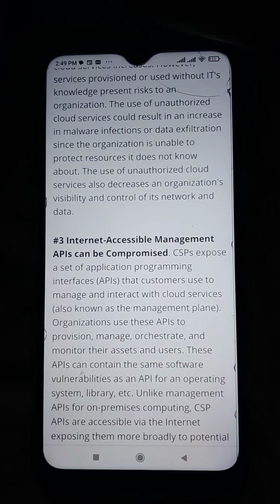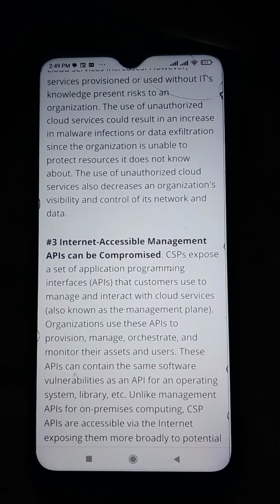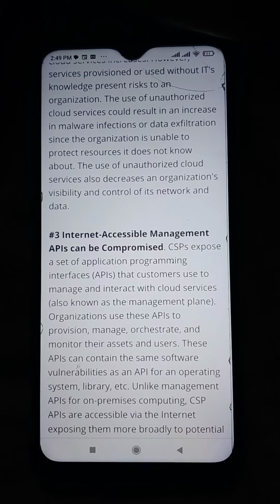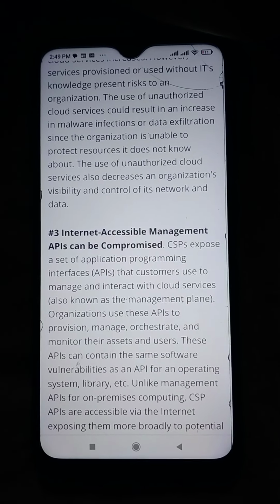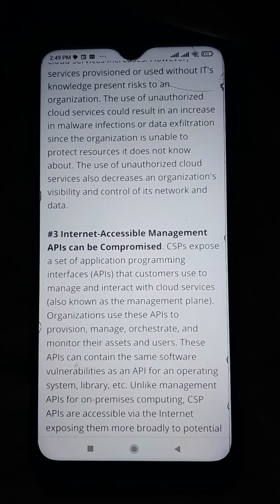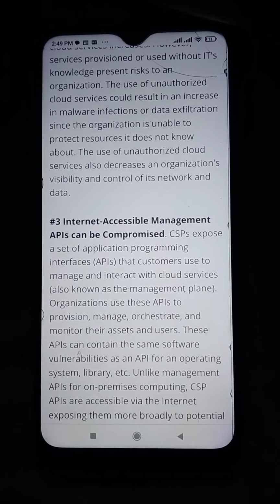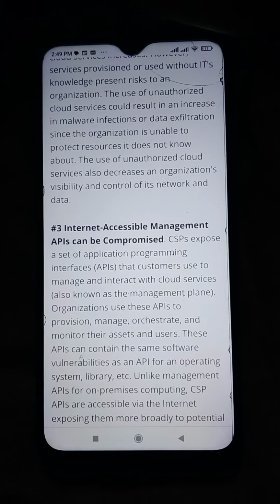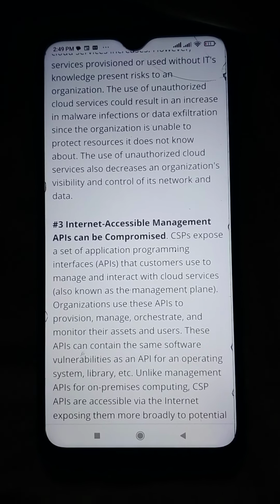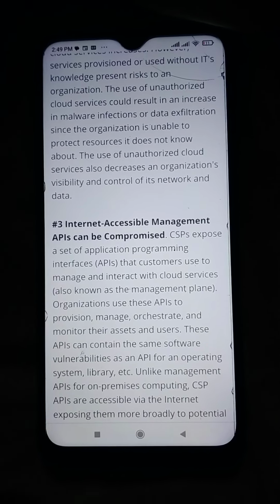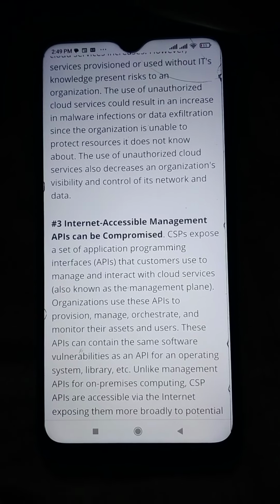APIs can be compromised. CSPs expose a set of application programming interfaces that customers use to manage and interact with cloud services, also known as a management plane. Organizations use these APIs to provision, manage, and monitor their assets and end users.